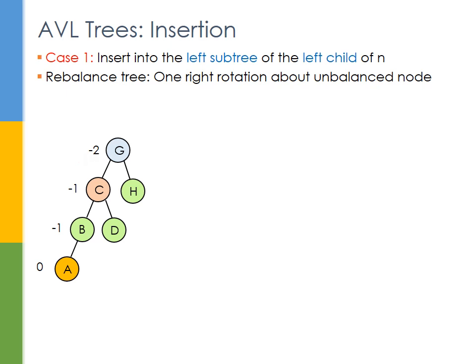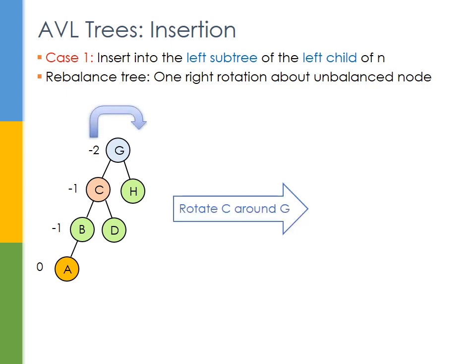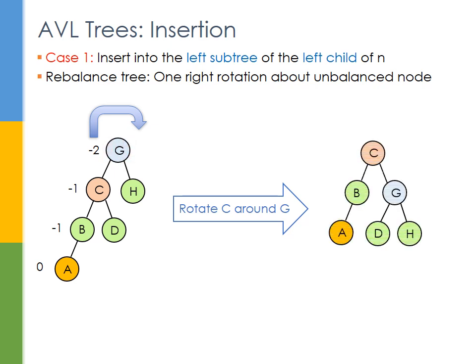So now we need to perform a rebalancing, and we're going to do that by performing a right rotation around the unbalanced node. In other words, we're rotating node C about node G, which has become unbalanced. If we perform this rotation, this is the tree structure that we end up with.